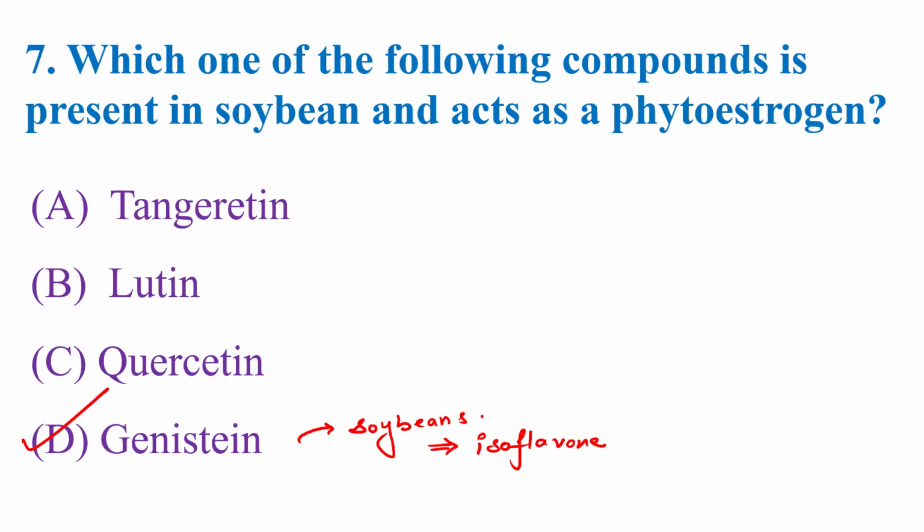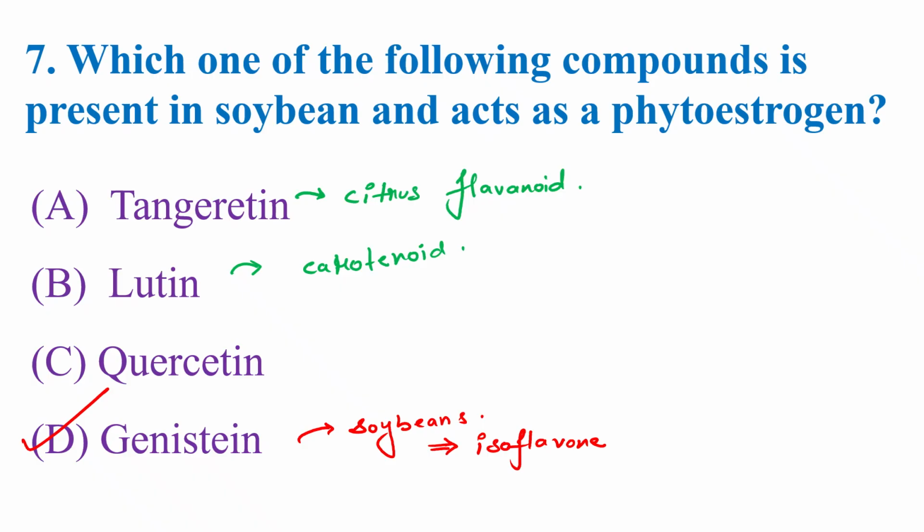Whereas tangeritin, it is basically found in the citrus flavonoids. Lutein, it's a carotenoid, basically an eye health pigment, and it is not a phytoestrogen.